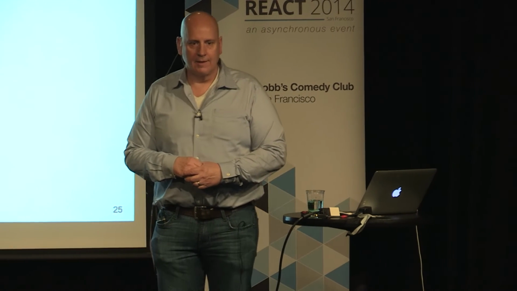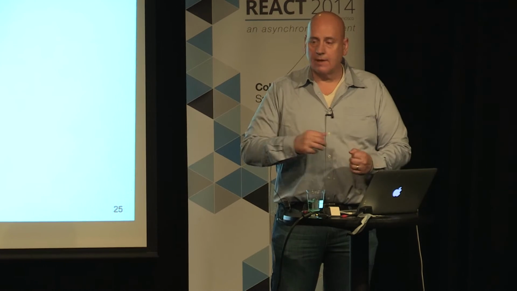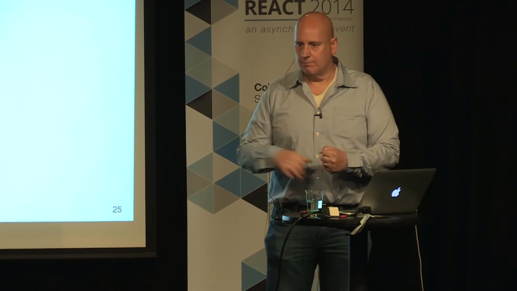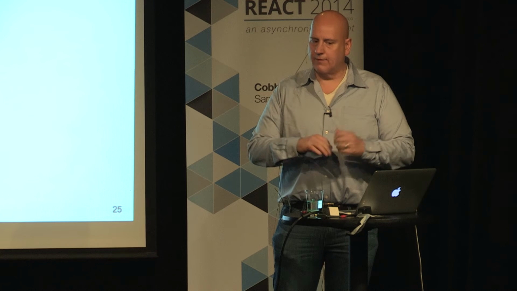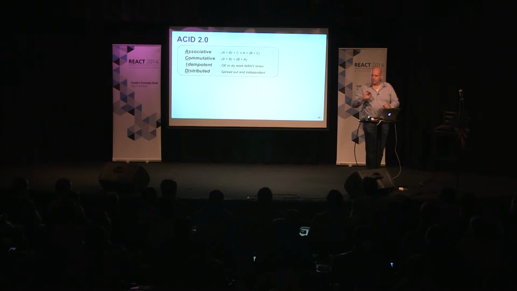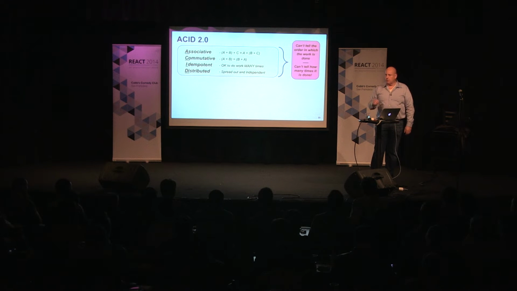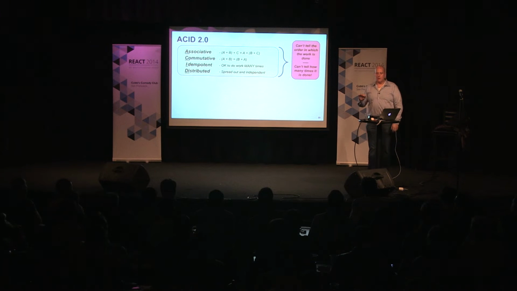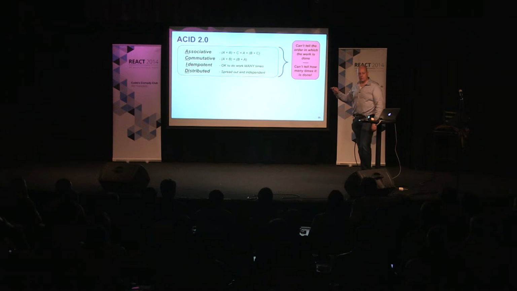Now, Shell and I defined in 2007 ACID 2.0. So ACID 2.0 is associative: A plus B plus C equals A plus B plus C. Commutative: A plus B equals B plus A. Idempotent means I can do the work many times, and distributed, it's spread out. So the point behind ACID 2.0 is you can't tell the order in which the work is done.